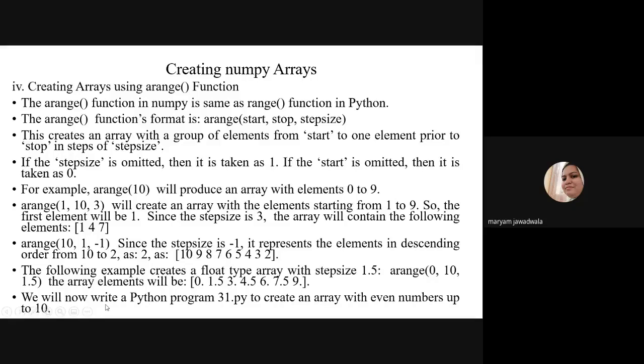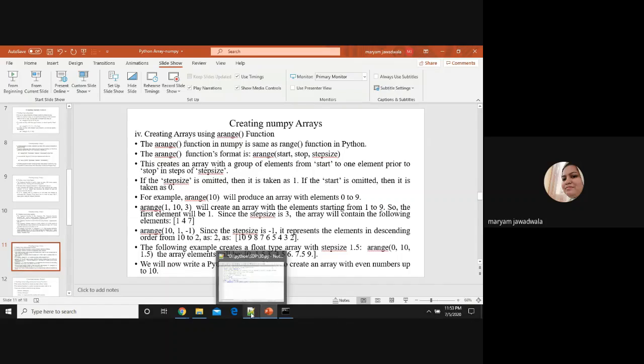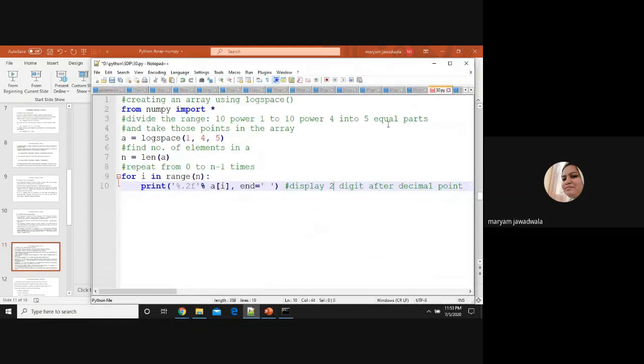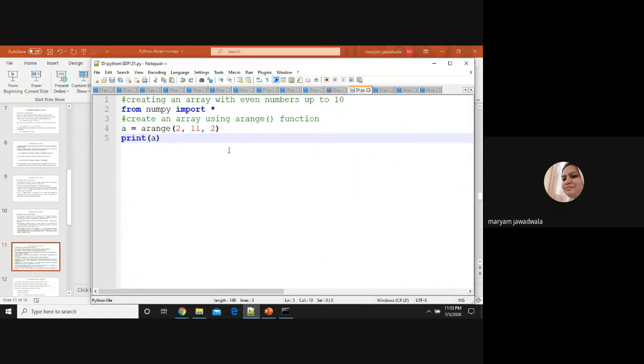So we write one program, 31.py, to create an array with even numbers up to 10. Suppose I want to write a Python program to create an array with even numbers using the arange function. So how can I write it? In 31.py, first you need to import the numpy module and then use the arange function to create an array.